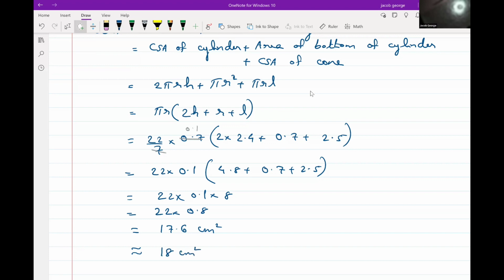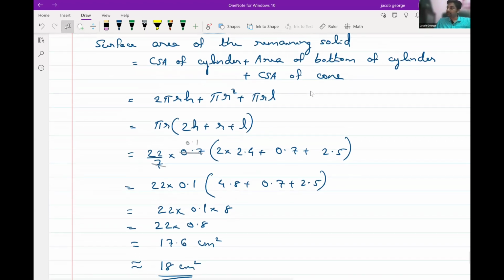But if it is 17.4, we write only 17. 17.2, we write only 17. But if it is 17.5 or more, we write it is equivalent to 18 centimeter square. Rachel also got that same answer, 18 centimeter square. Yes, all of you understood this one.